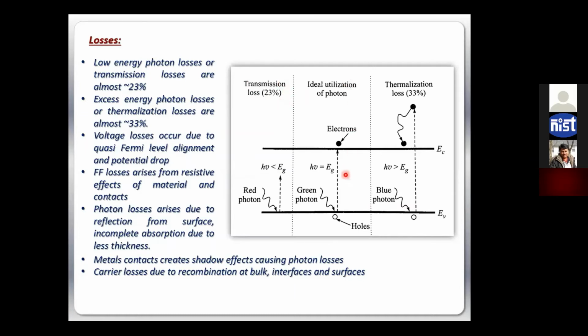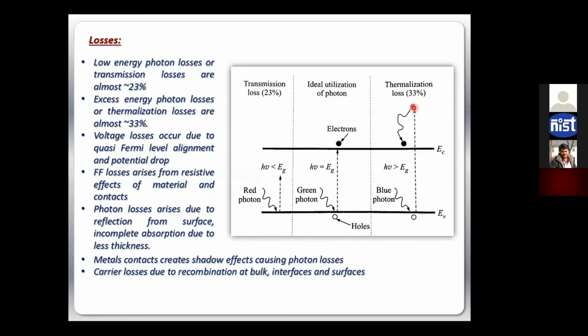Ideal utilization is when your h nu equals Eg, that means you can generate one electron volt. But what about the photons which have energy greater than the band gap energy of 1.45 eV? Suppose I have 2 eV, or 1.65 eV, 3 eV, 5 eV, anything more than 1.45 eV. Now, what will happen for those photons? They will obviously generate one electron-hole pair, but we need our electron to be here to get separated, right?